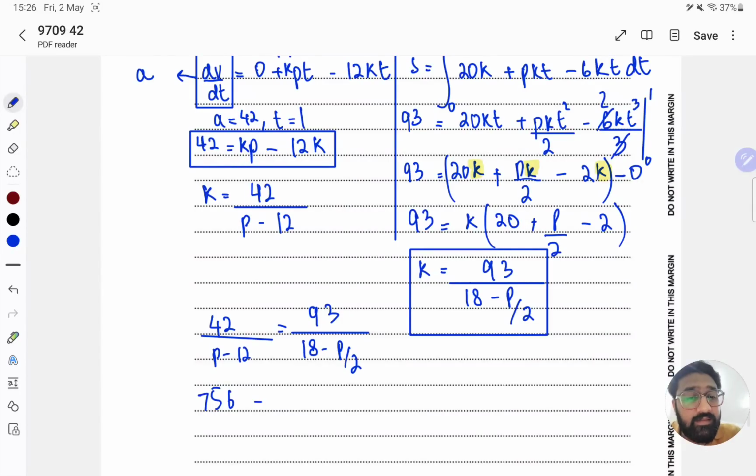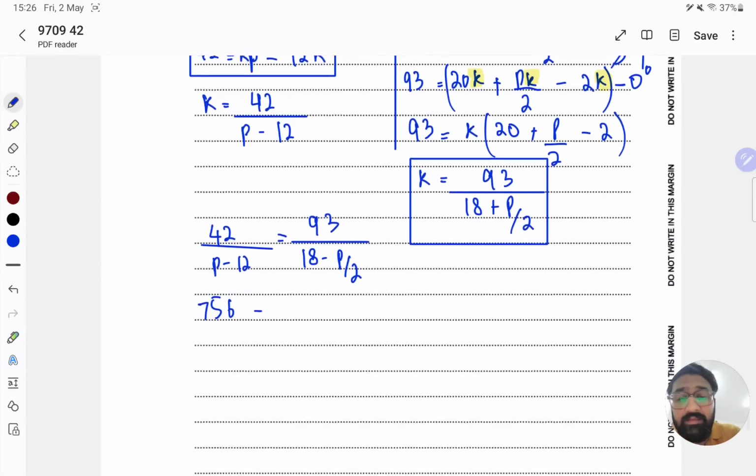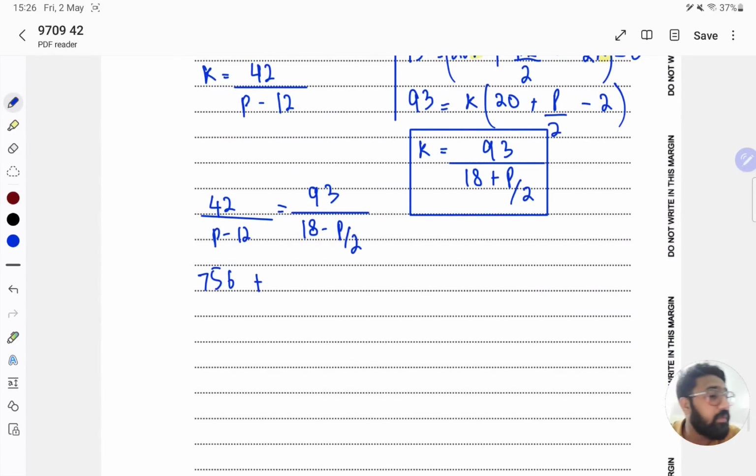This was a plus, this was a plus, so plus, it will be 21p equals 93 multiplied by p, so 93p, minus 93 times 12, which is 1116.